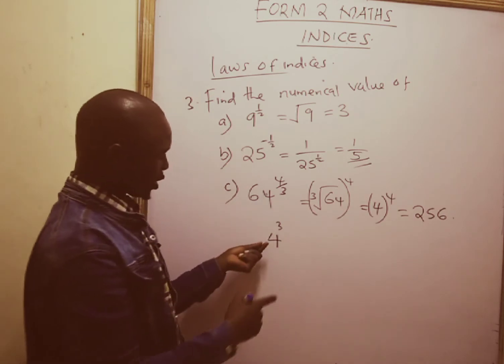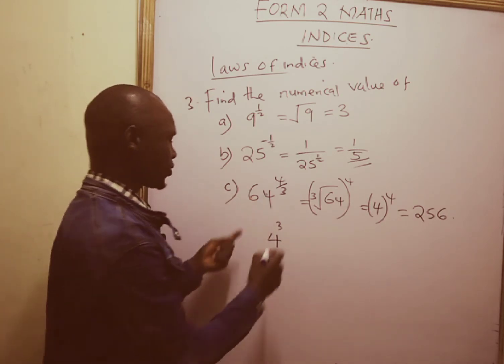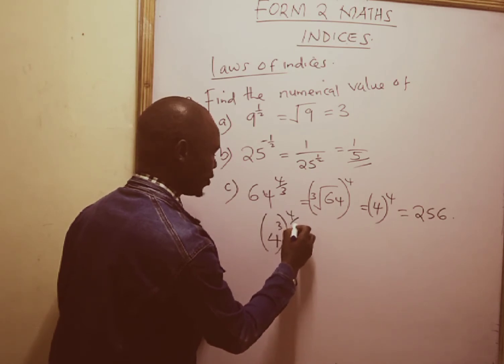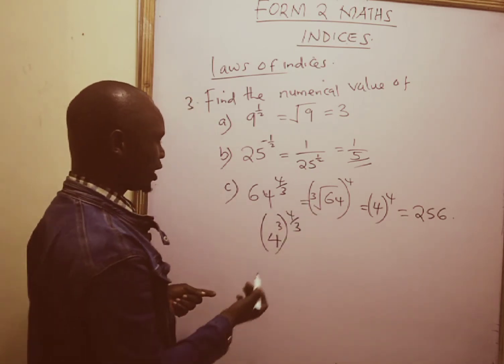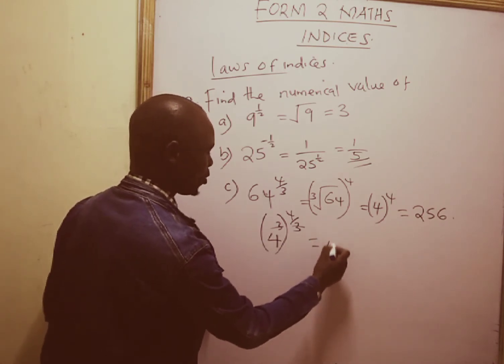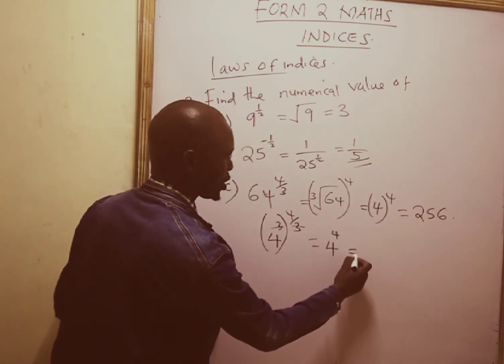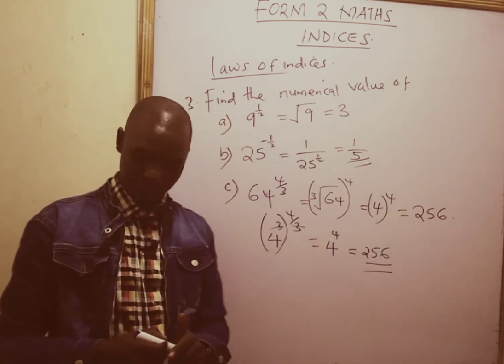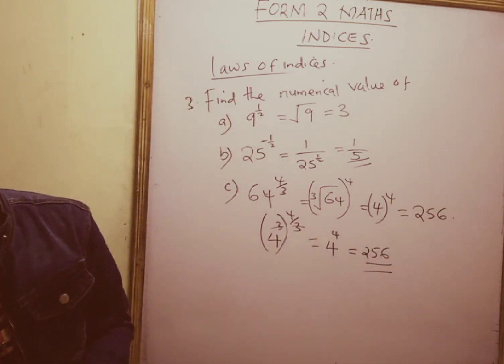So in other words, it means 4 power 3 will give you 64, then everything is going to be multiplied by 4 divided by 3, such that 3 and 3 will cancel. We go down and have 4 raised to power 4, which gives us 256 as our final answer to that particular question.